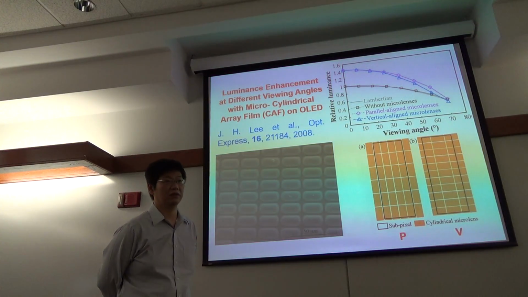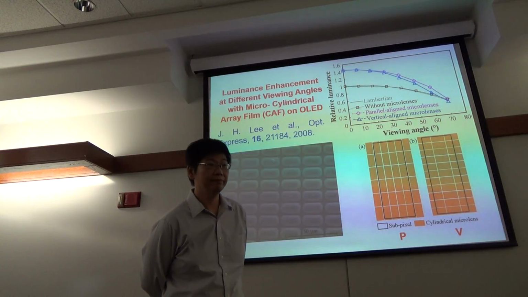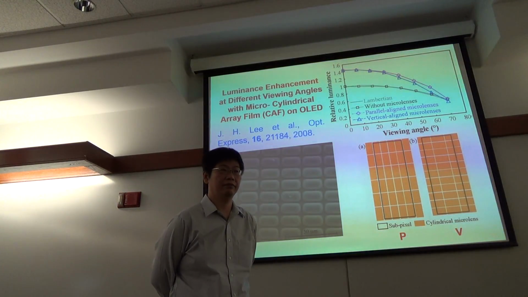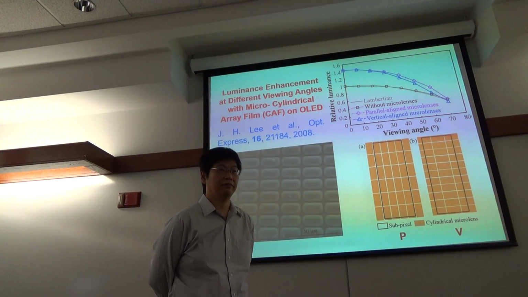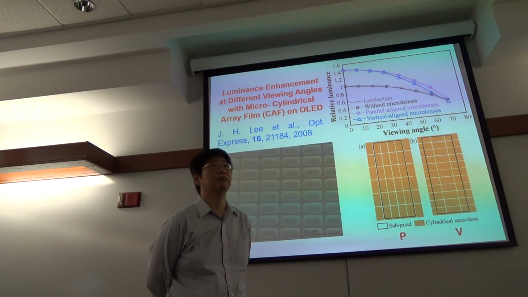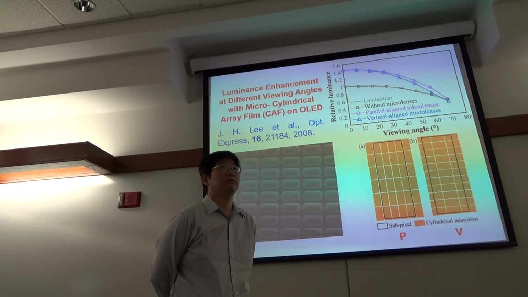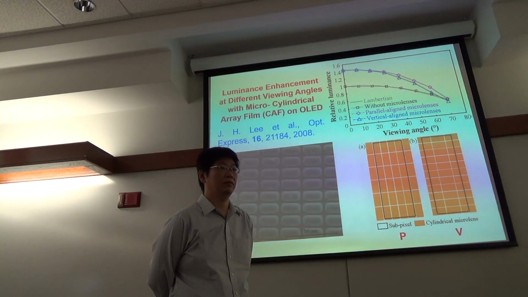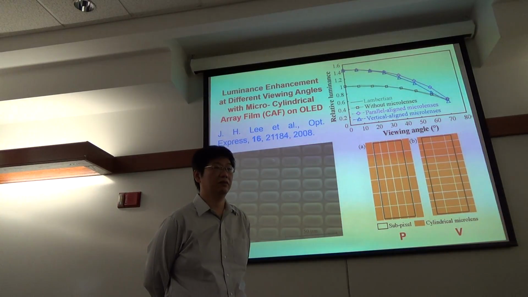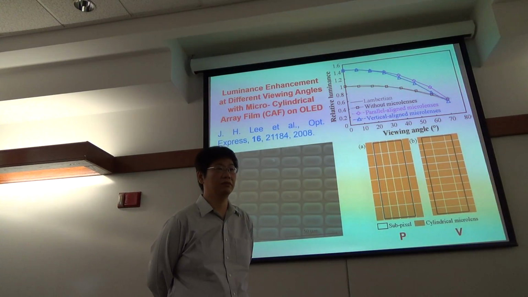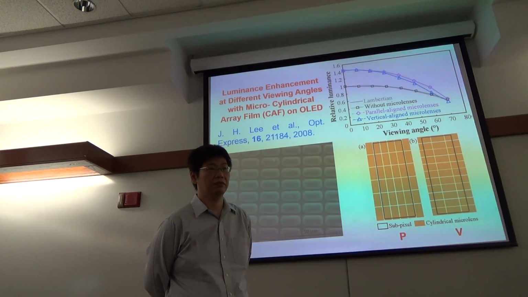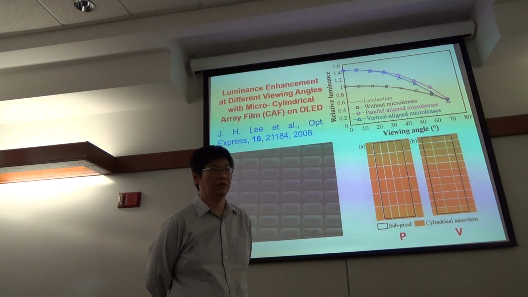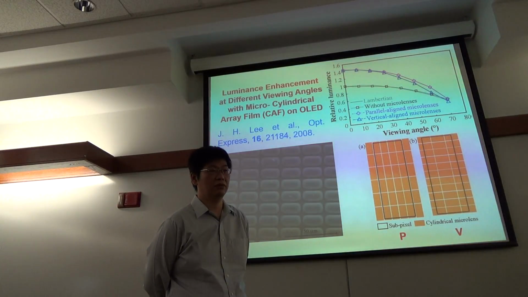Does Samsung use any internal or external methods to improve the light extraction efficiency? As you mentioned, they don't like the internal structure change, right? But does Samsung use any external method, like a film, your type of films or a cylindrical lens, to enhance the light efficiency?